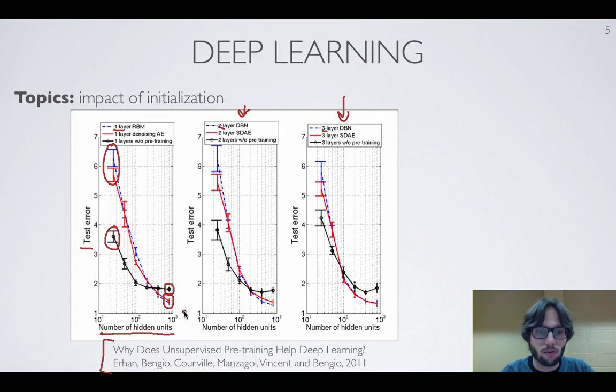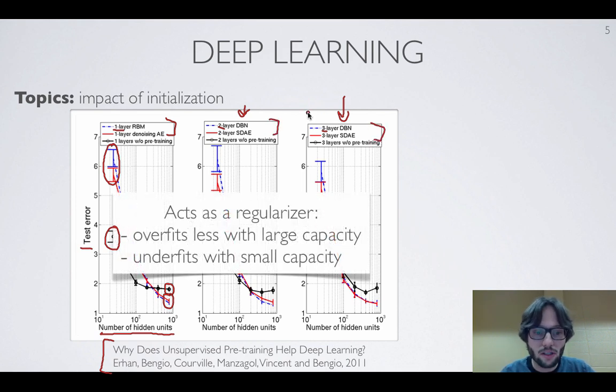And in this case, the better regularized model corresponds to the neural networks with pre-training here and here. Okay, so again, this confirms our intuition that we can think of unsupervised pre-training as a regularizer. It will overfit less with large capacity, but it will lead to underfitting with small capacity.